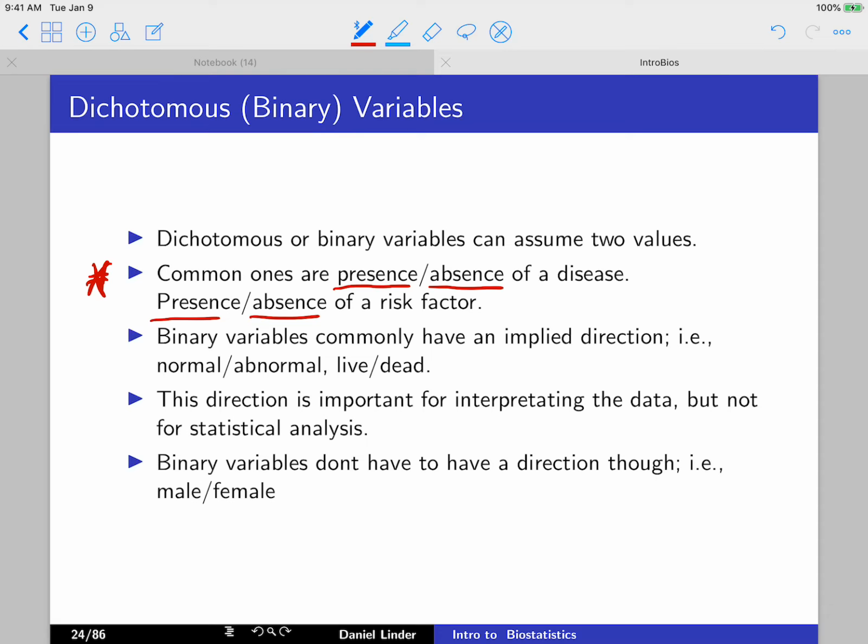If you were to recode and change the ordering of these binary values, the statistical analysis would be invariant with respect to that. The conclusions would be invariant as far as the results of a test. Some binary variables don't have a direction, though. So for instance, male versus female, so sex in that case.